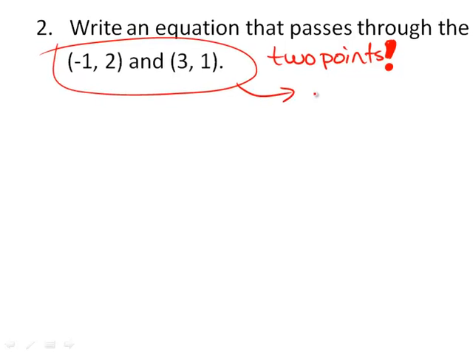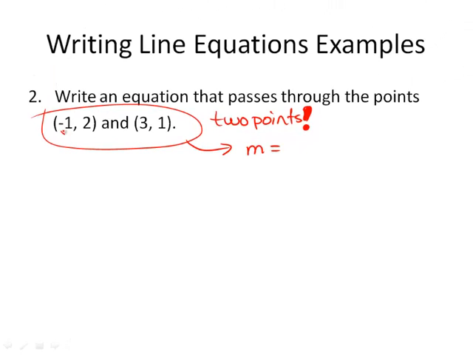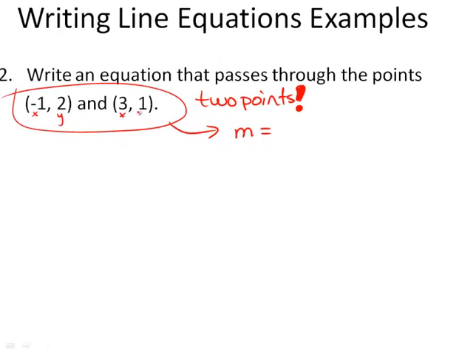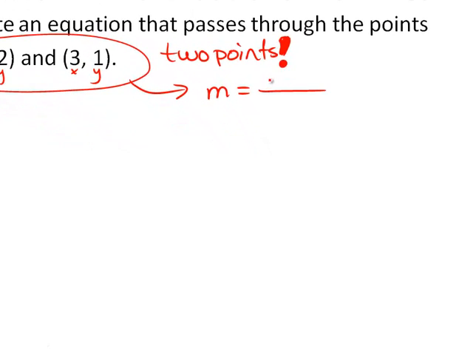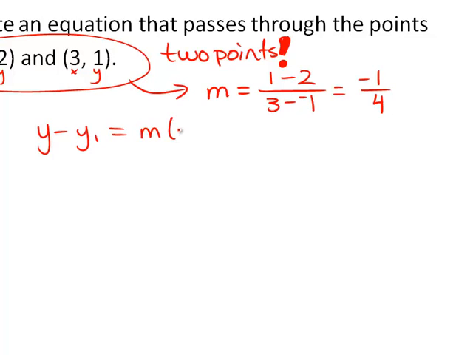Well, we can go back to our slope definition, and we can find the rise by taking the difference of the y's and the run by taking the difference of the x's, giving us -1 over 4. So -1/4 is our slope. So let's take our point-slope formula to write the line equation.